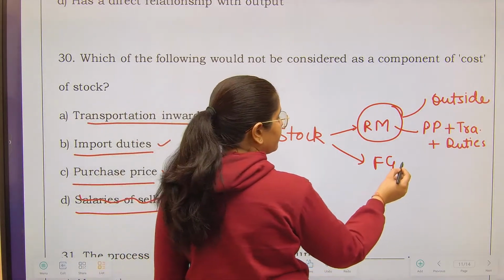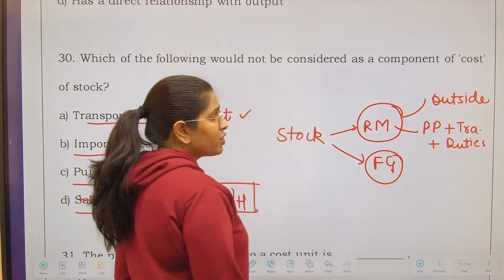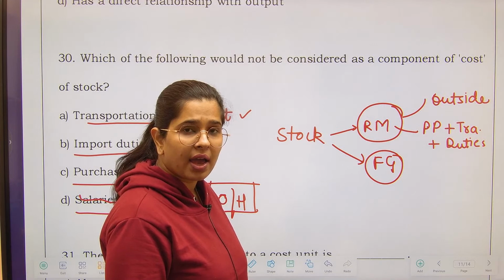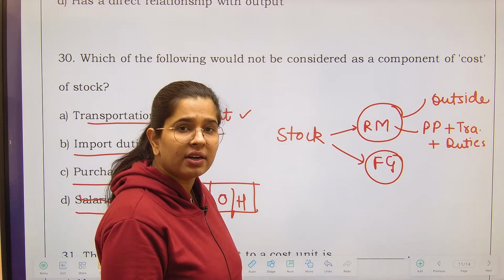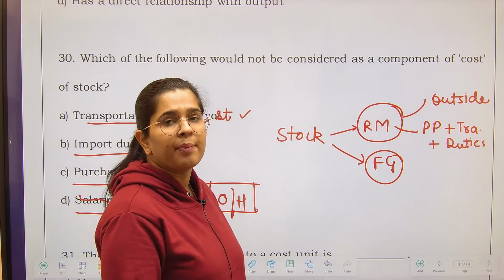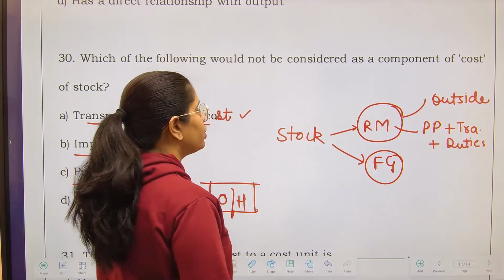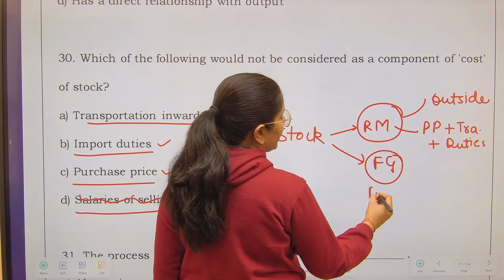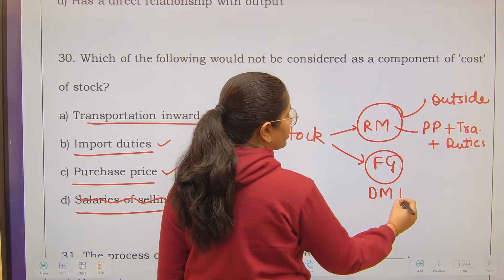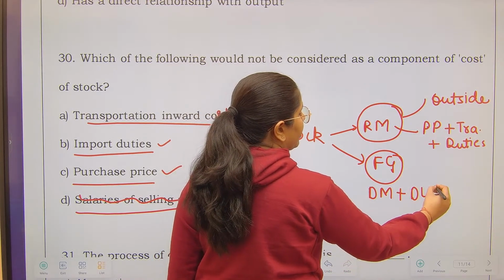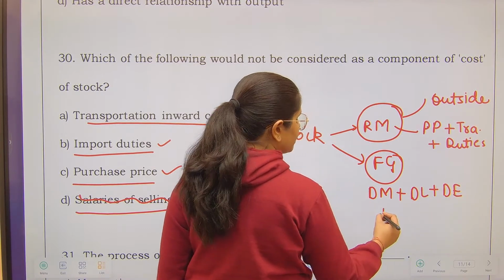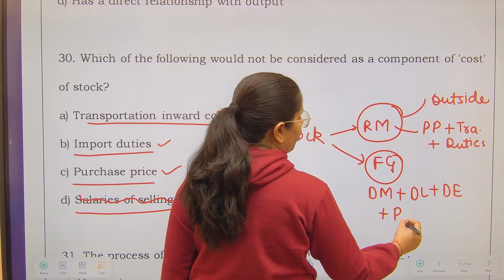Now for FG, finished goods valuation, how will it be done? The amount which is incurred on the production becomes part of your finished goods valuation. So when I do finished goods valuation, I will see what is the direct material I have consumed, what are the direct labor, direct expenses, and plus production overheads.